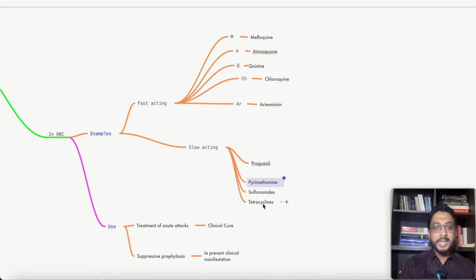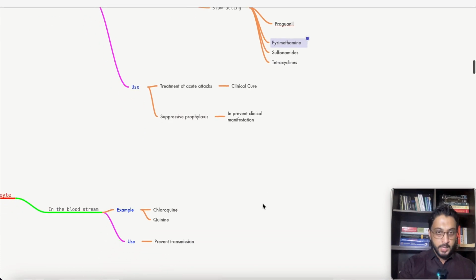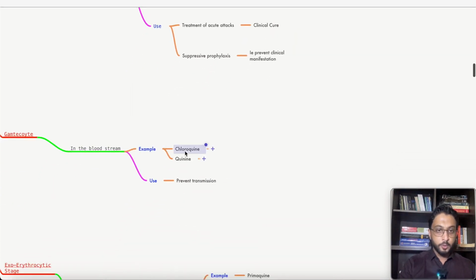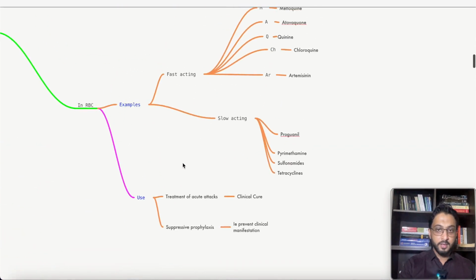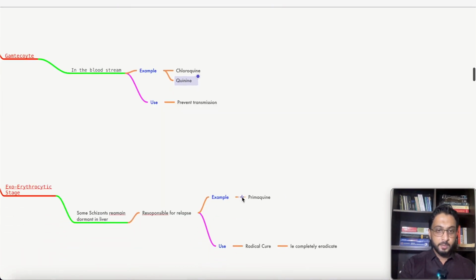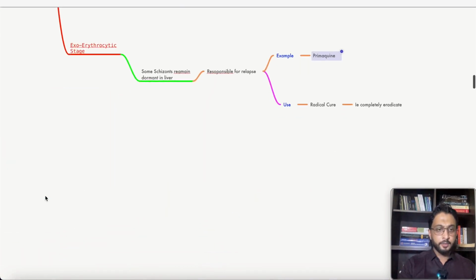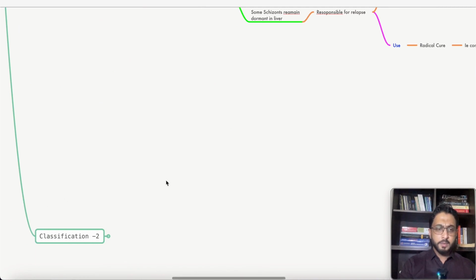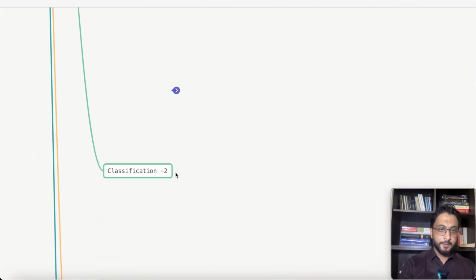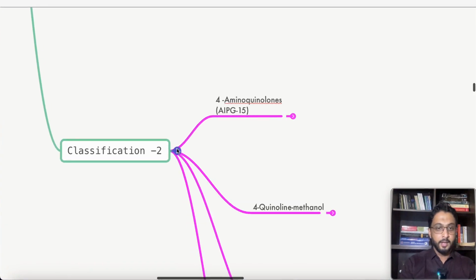And the other two are antibiotics, you are very familiar with them. Then you go for the next one, chloroquine, quinine, again the same thing which we learned here. Then the same thing again, primaquine in the exoerythrocytic. So it's not a big problem, but yes, the first go might feel a little problematic.